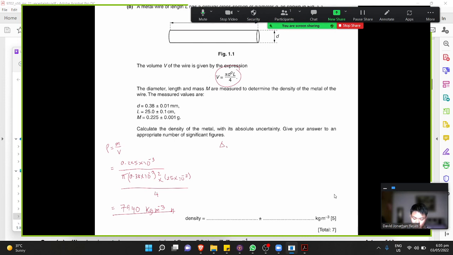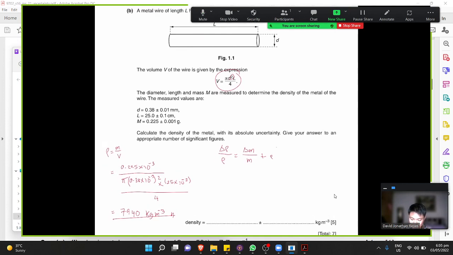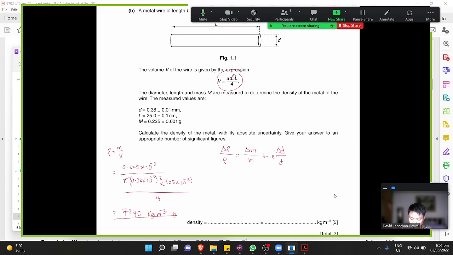So delta rho over rho equals delta m over m plus, since we don't have volume, we have the equation for volume. Use that. So 2 coming from the exponent of the d, so that's delta d over d. So the 2 from the exponent becomes a coefficient, so you need to multiply this by 2, plus L, delta L over L.